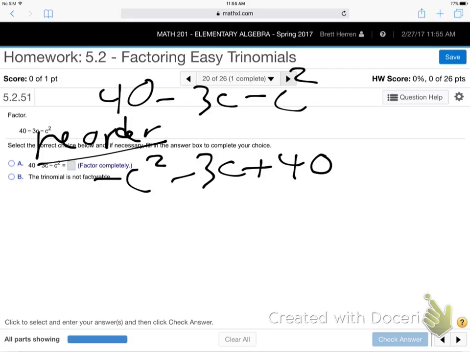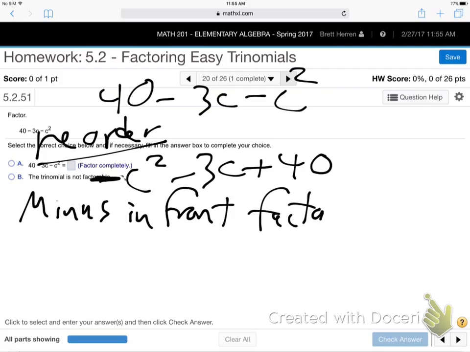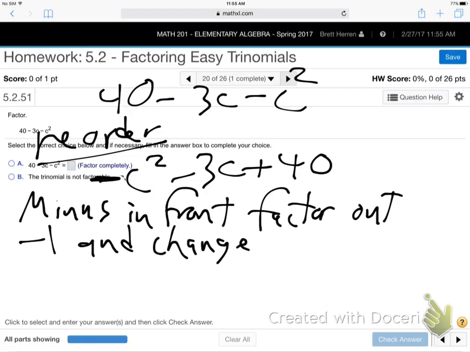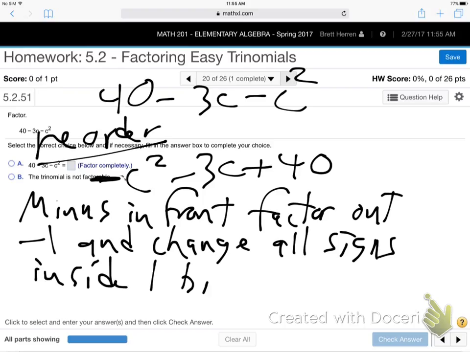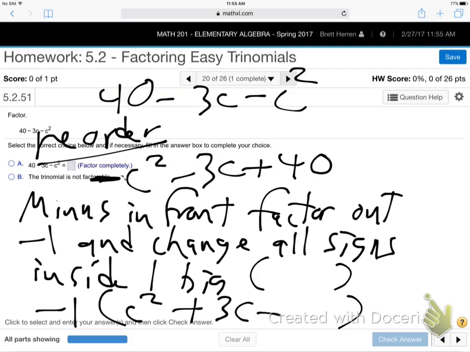Good to there? But see, we have a minus in the front, huh? Everybody good to there? So I reorder, and then minus in the front.